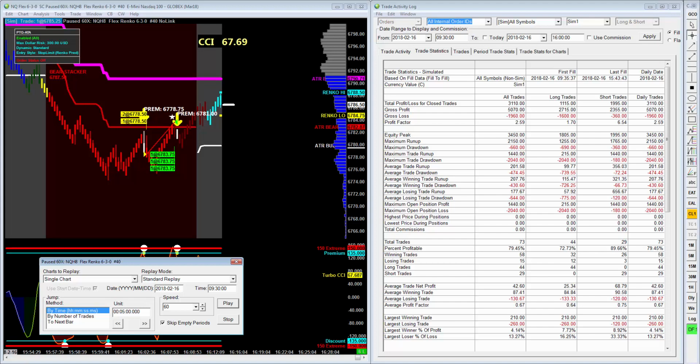The reasons why we would turn it on and turn it off are all covered in our educational material on the tool. But do bear in mind, this is not a black box, never was designed to be, but it was designed to help assist us to get into trades based on very specific criteria. Many of you have difficulty assessing, should I be in a trade, should I not?